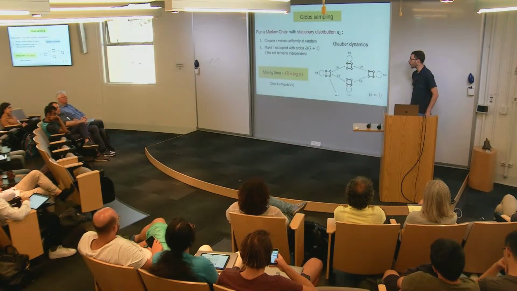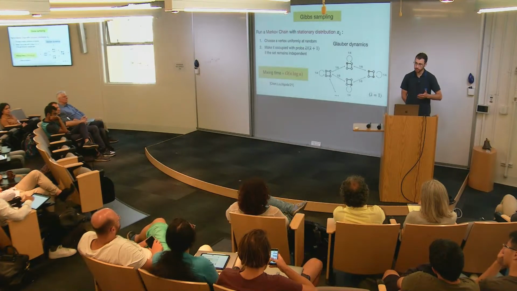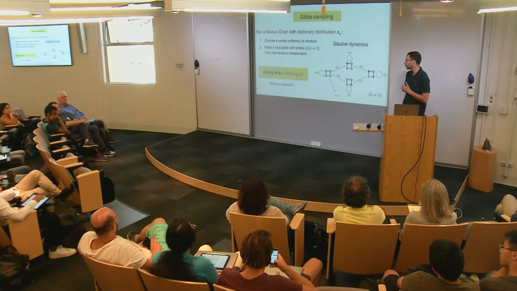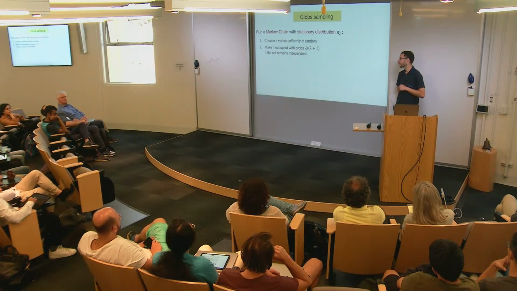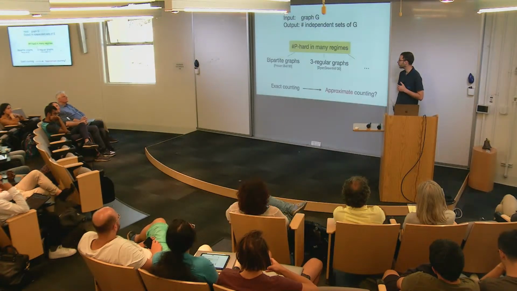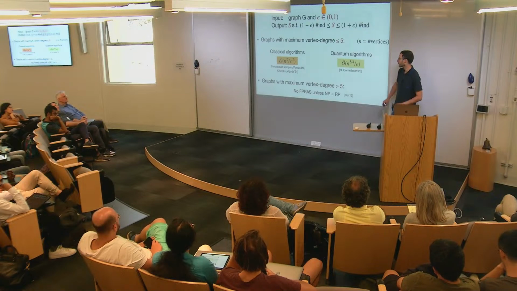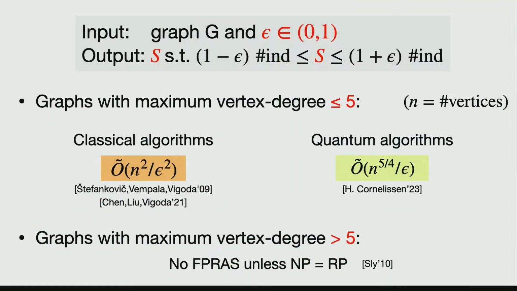Okay, so we know how to sample efficiently from the Gibbs distribution classically. For all numbers? No, so for lambda in the feasible region, like for independent set, if the maximum degree is 5, it would be up to lambda equal 1. Okay, 5 is because when lambda is larger than that, there is no efficient algorithm for computing the partition function at value 1.